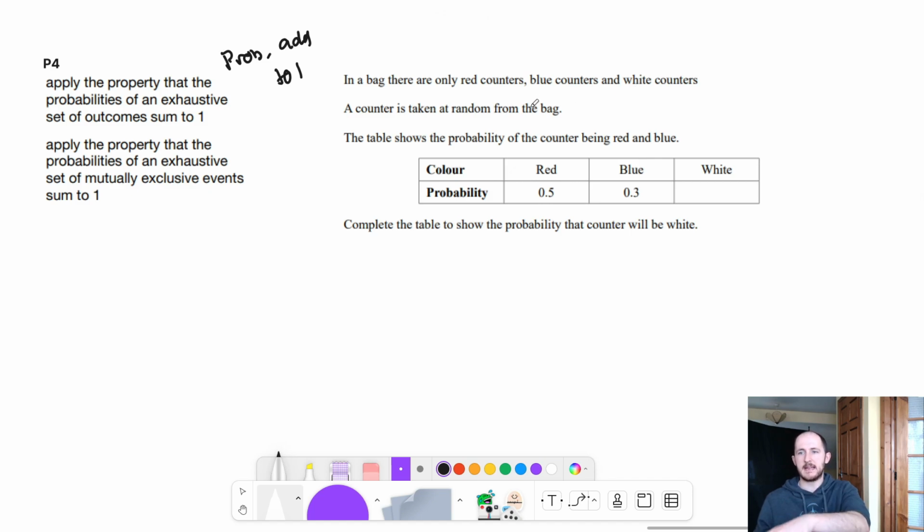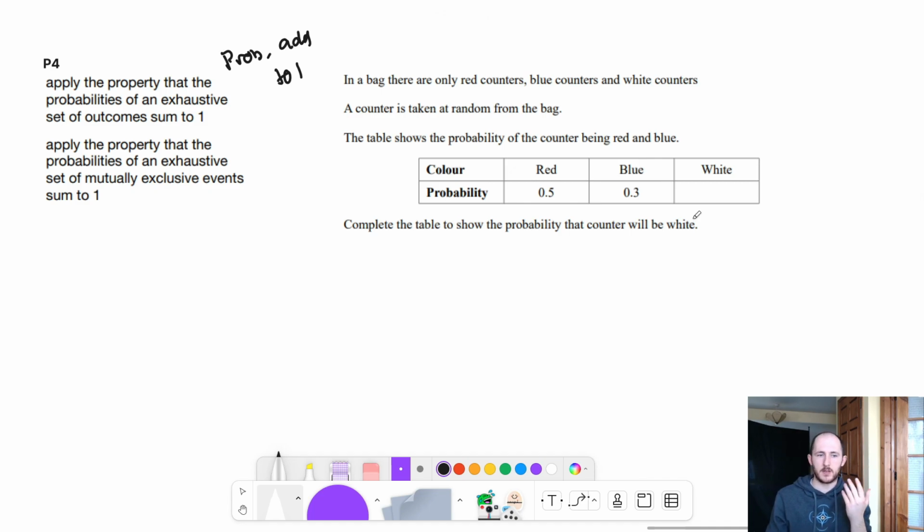So if I put my hand in a bag and I pull out a counter, the only possibilities are that it's red, blue or white. No other colour. So logically speaking, the probability of getting red plus the probability of getting blue plus the probability of getting white should add up to 1, because it's guaranteed that I get one of the 3 colours.